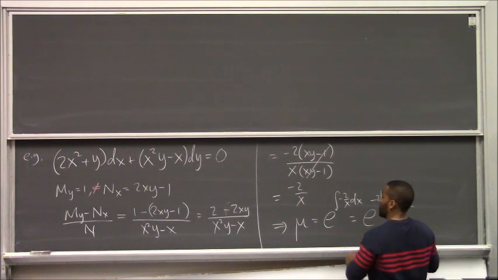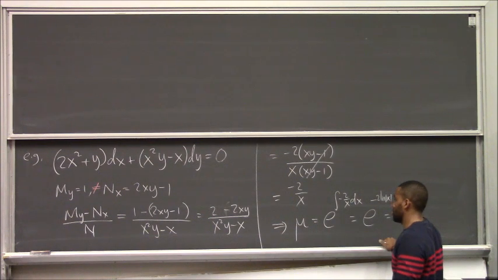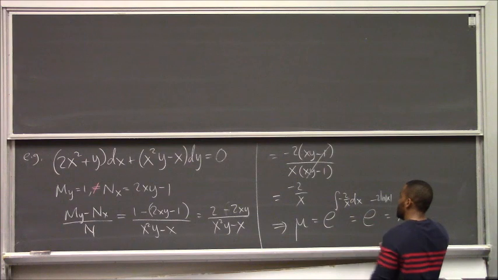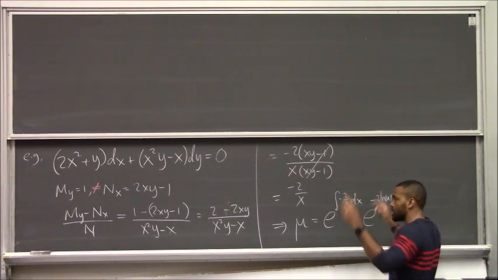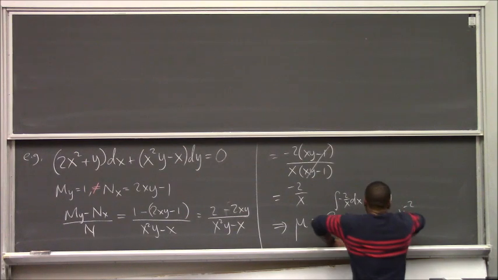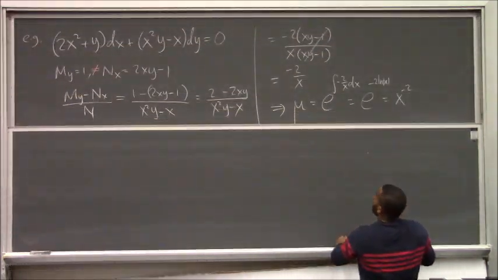You can also derive that by doing d mu dx equals mu times my minus nx divided by n, and solving the differential equation. But we already know that once we do this, we just throw it into the power of e. Like mu equals e to the integral of p, it's the same flavor here. So that should make the equation exact.